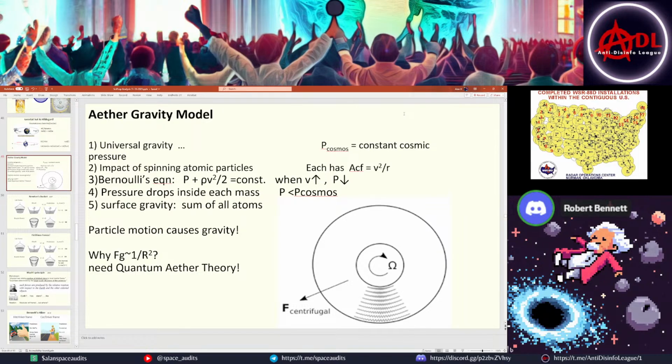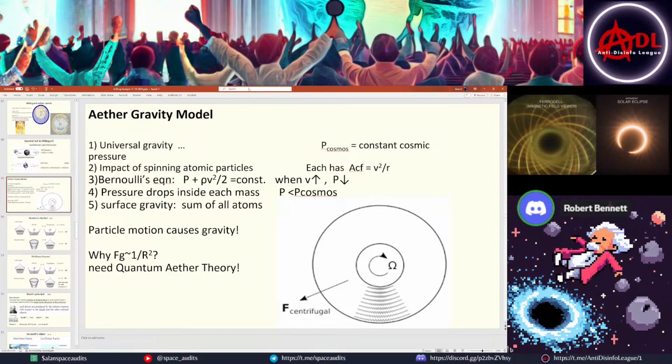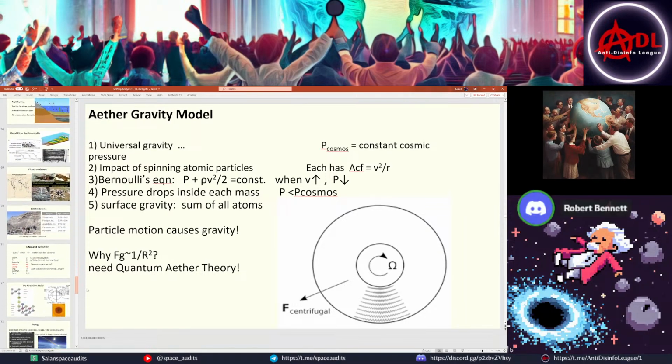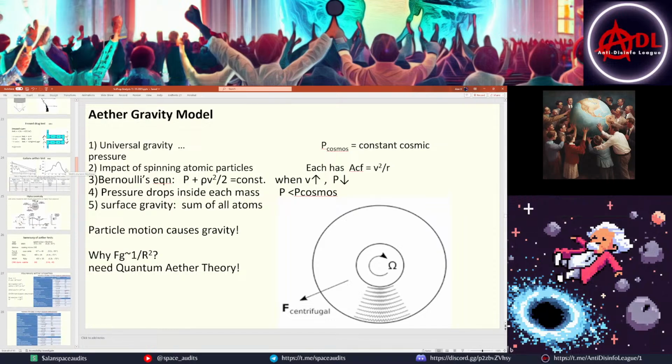From the Hildegard point of view, which is the book you just had up on the screen, the universe is filled like a balloon with ether under high pressure, and I have some proof of that. The Atosowski chart shows that the measurement of their ether was enormously high pressure.